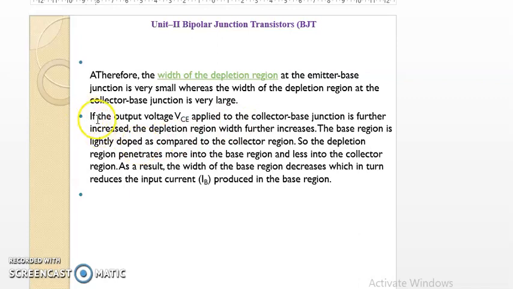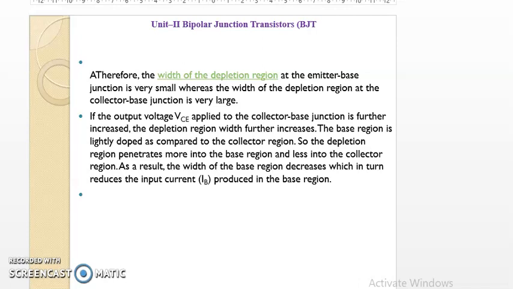If the voltage VCE applied to the collector base junction is further increased, the depletion region width further increases. The base region is lightly doped as compared to the collector region, so the depletion region penetrates more into the base region and less into the collector region. As a result, the width of the base region decreases, which in turn reduces the input current IB produced in the base region.